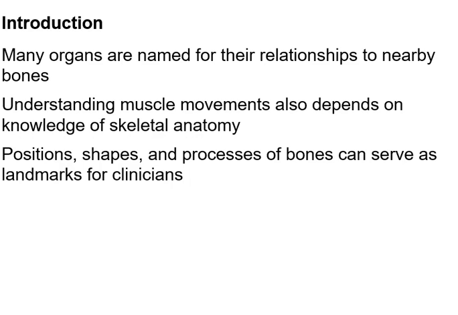Later on, when we learn the parts of the brain, you're going to find that the front of the brain is the frontal lobe. So these words carry over chapter to chapter. Many organs are named for their relationship to nearby bones, and to understand how the muscles move depends on the knowledge of skeletal anatomy.